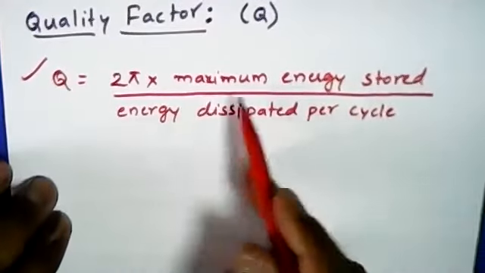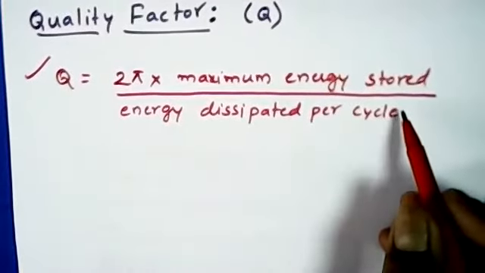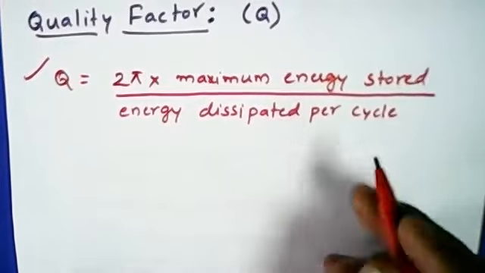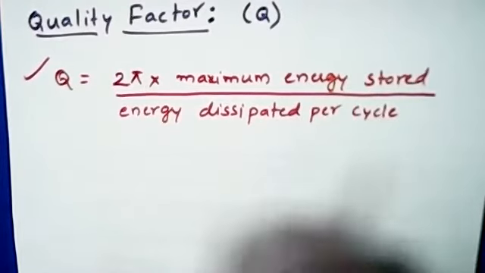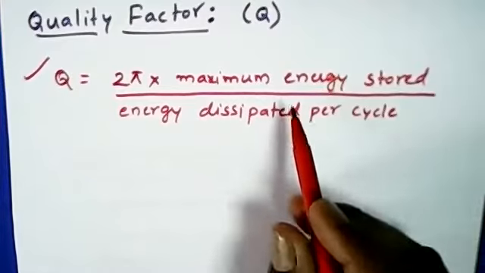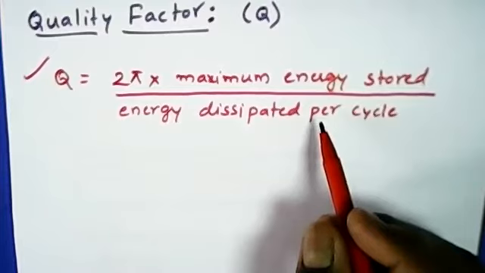It should store the maximum energy, and there should not be any energy dissipation. In such a case, we can say that the quality of that particular resonator is very high. That is how we can measure the quality of the rectangular waveguide cavity resonator.